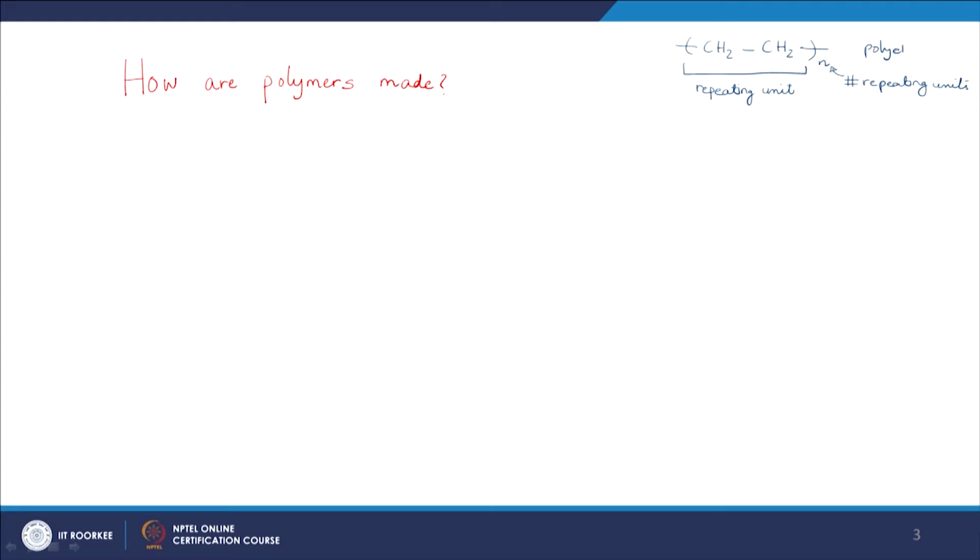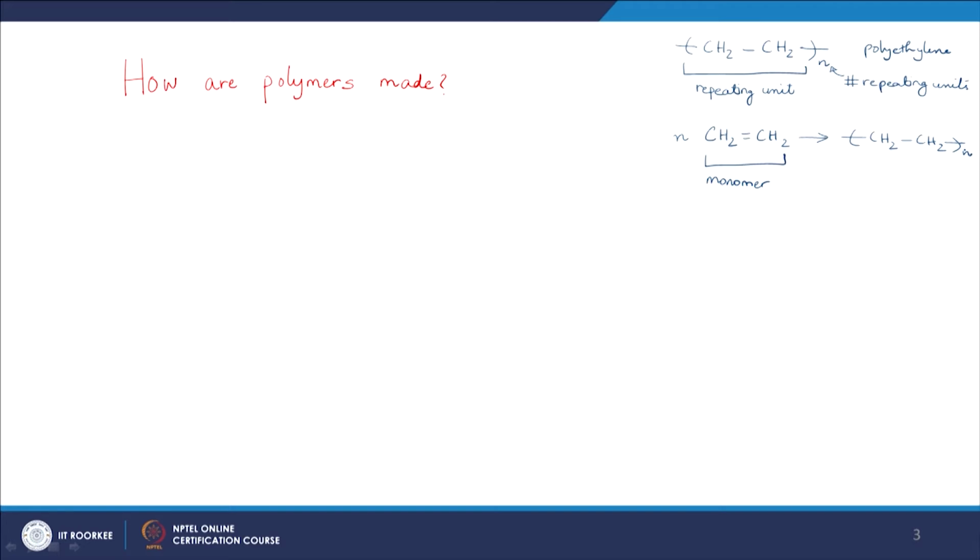When we talk about polymers in this way, they typically have to be formed from some kind of monomer, which in the case of polyethylene that I just drew here, is the ethylene molecule. So this is a monomer, and the reaction by and large is something of this sort.